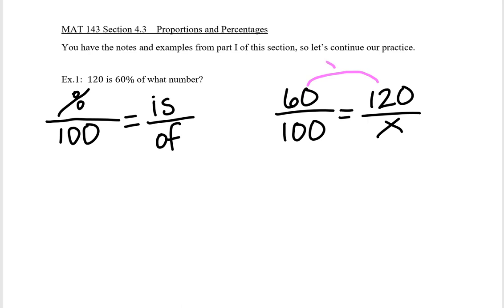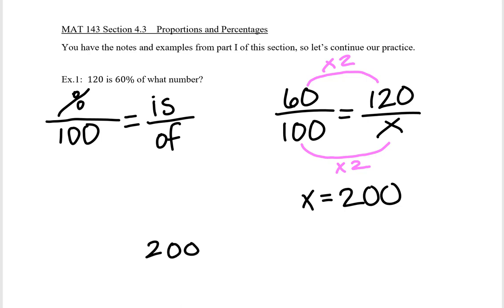So 60 times 2 is 120, and if you multiply 100 by the same number, you should get whatever x is. So now you end up getting 100 times 2 is 200.